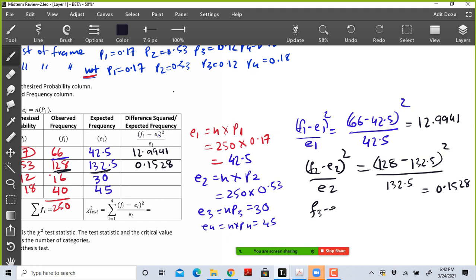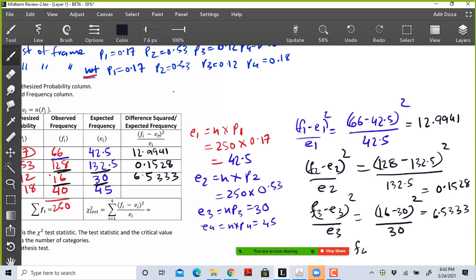Then f3 minus e3, which is 16 minus 30 square divided by 30, that would give us 6.5333. Always keep it in 4 decimal places. And last one, f4 minus e4 square by e4, which is what?